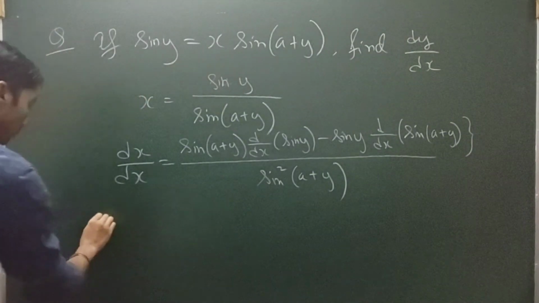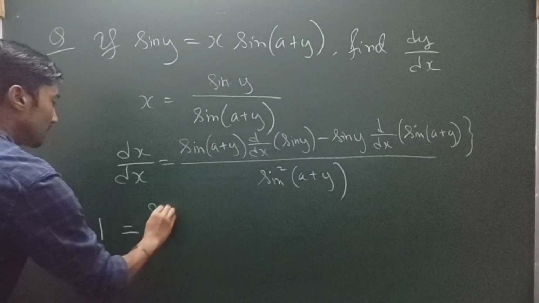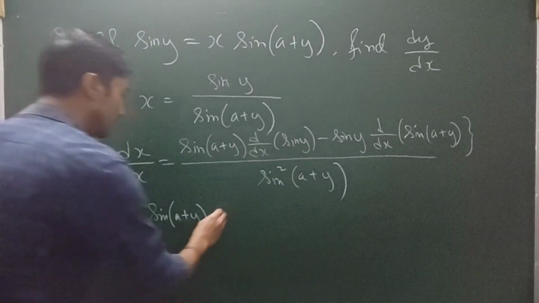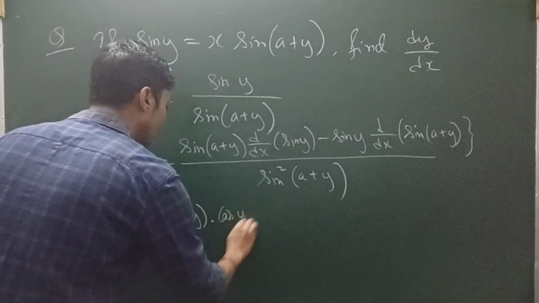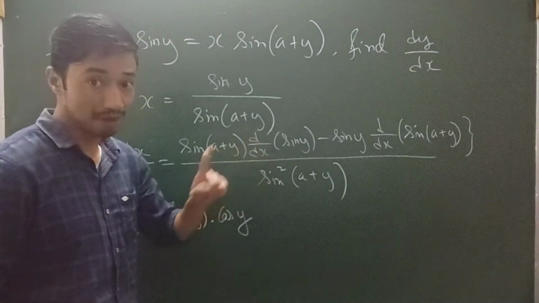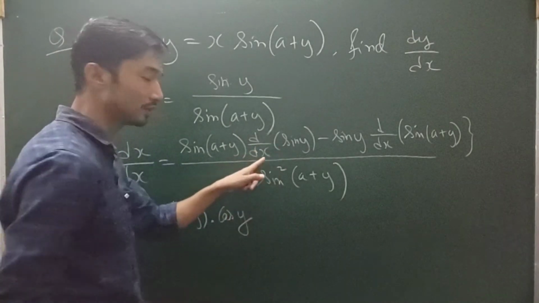So this is how much? 1 is equal to sine of a plus y. What is derivative of sine y? Of course it's going to be cos y, but with respect to x. Remember, with respect to x, be careful there. It is not with respect to y.